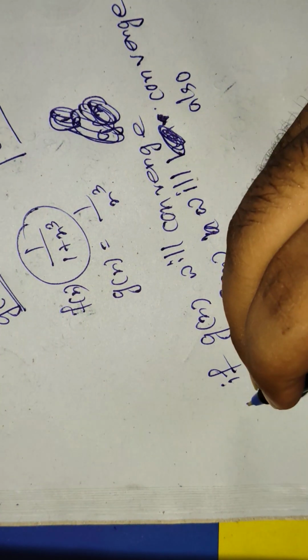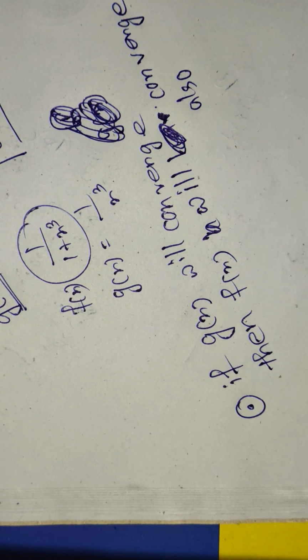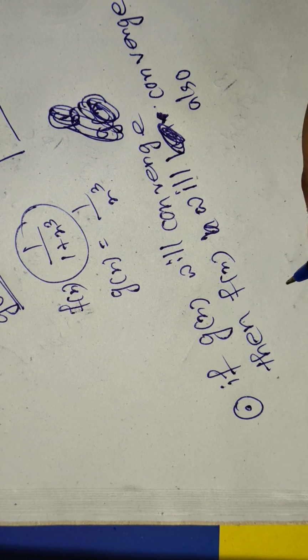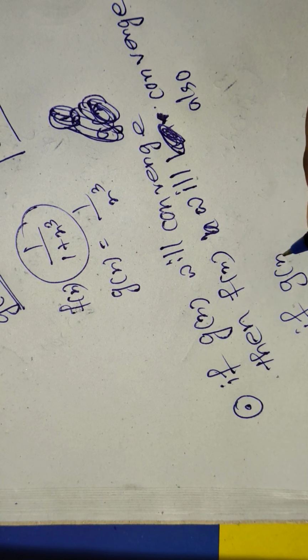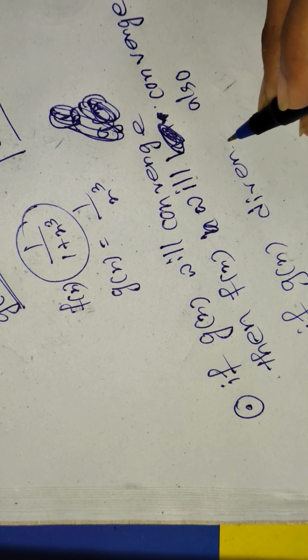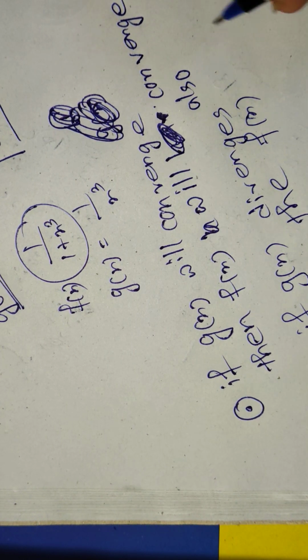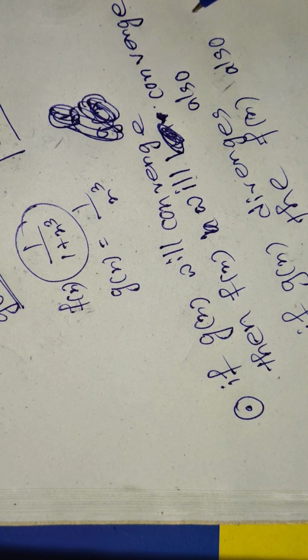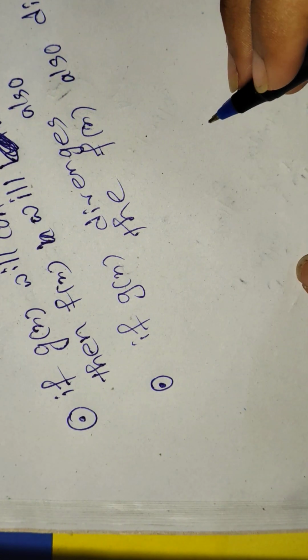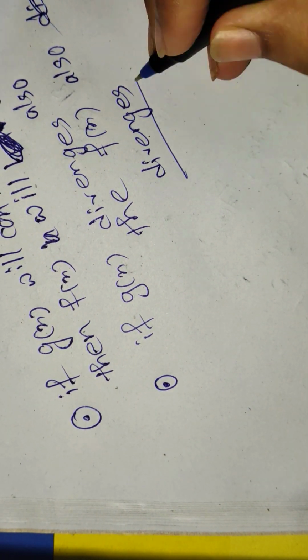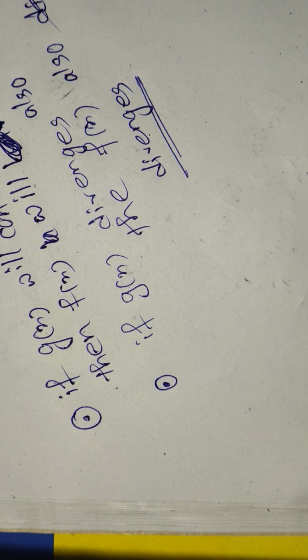And this is the first statement. There will be a second statement, which is: if g(x) diverges, then f(x) also diverges. Hopefully we can understand this theory.